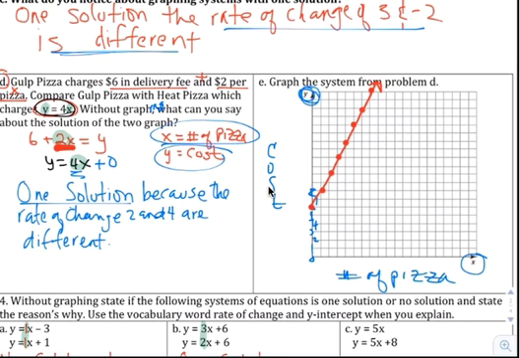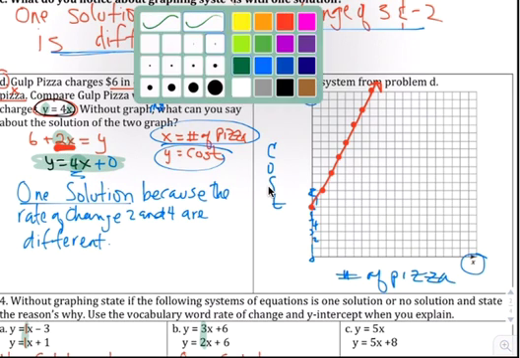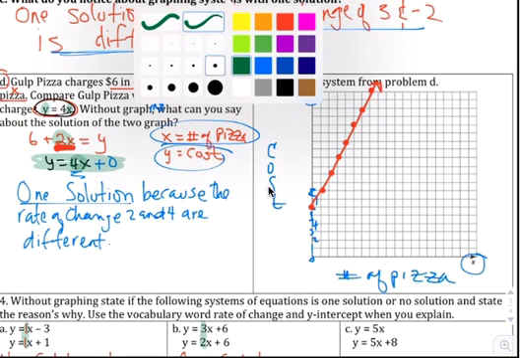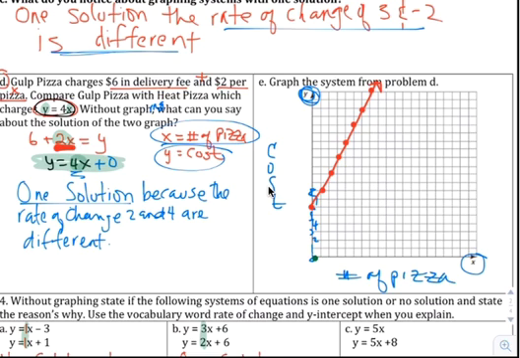This other one right here, I'm highlighting in green. Make a green line there. Y-intercept is at 0. You go up 4 over 1. Up 4 over 1.